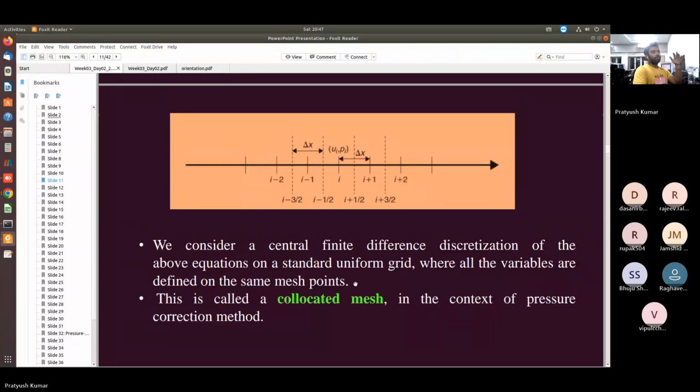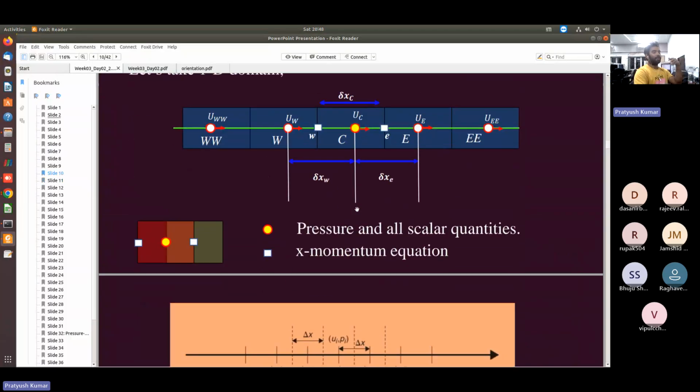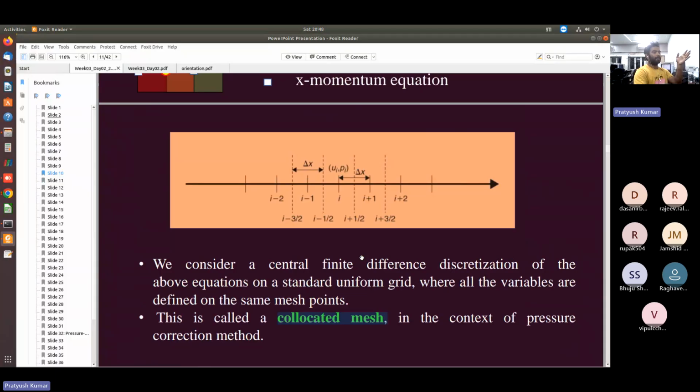Taking the example of the central difference method and the 1D cells that I'm showing here, if we give every scalar field variable at a cell center and also the vector field variable at the cell center, then it is known as collocated meshing. So I think you now have an idea about what staggered meshing and collocated meshing are.